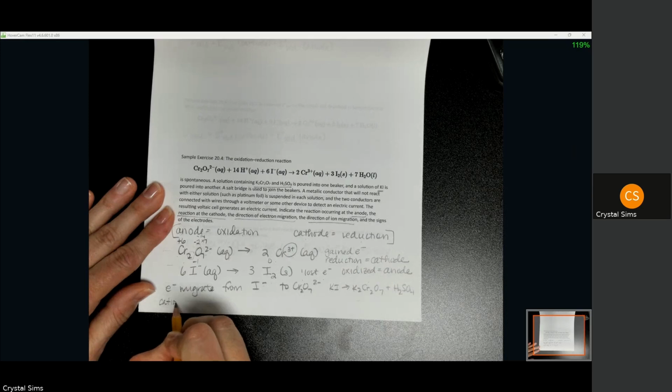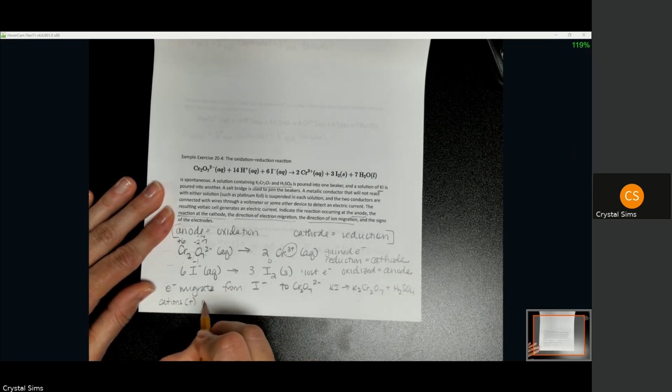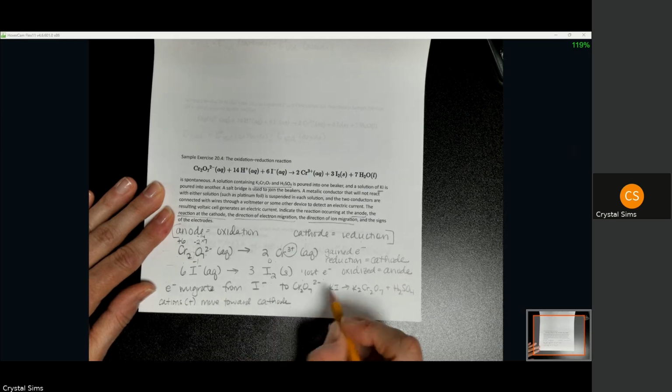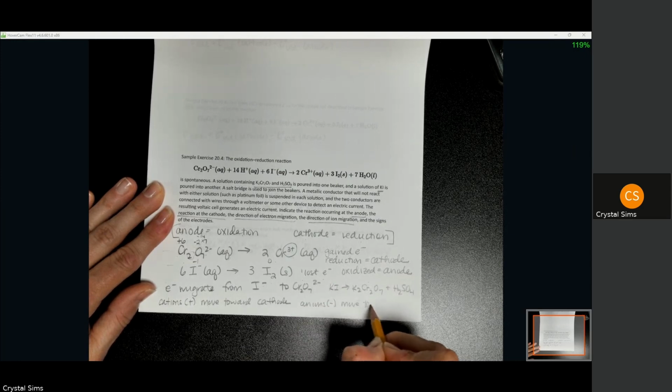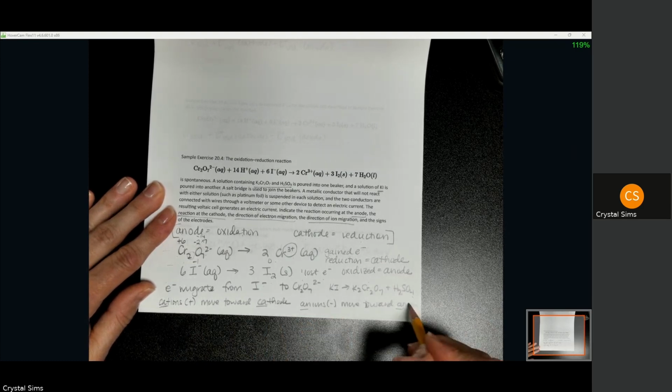Well, in general, we can say cations, which are positive, move toward the cathode, and anions, which are negative, move toward the anode. Okay, and that kind of helps keep you straight here. Cations move towards the cathode, anions move toward the anode.